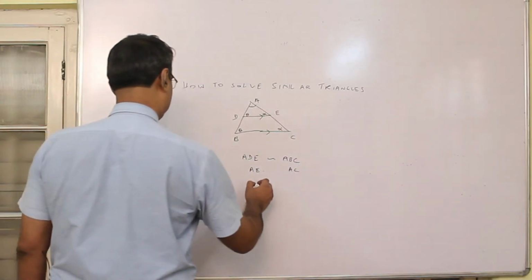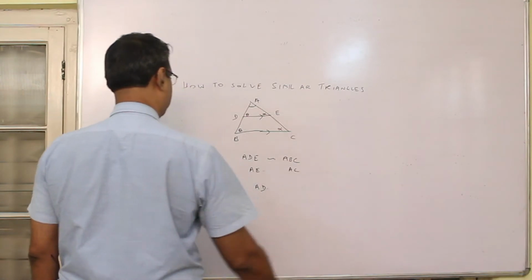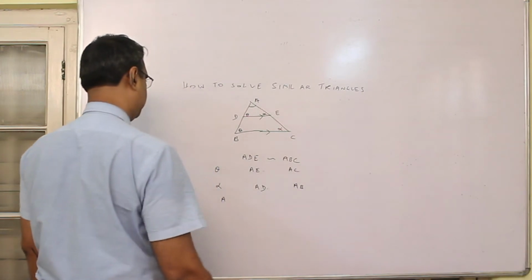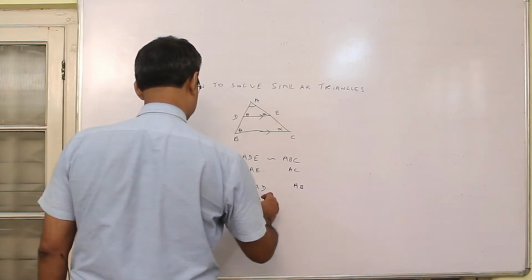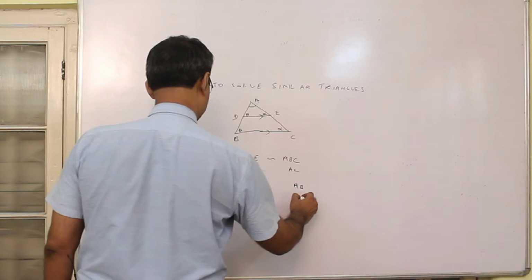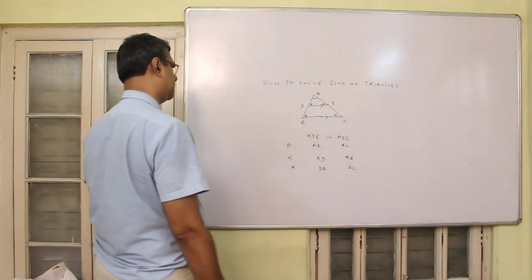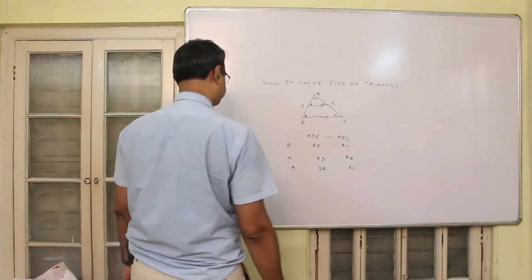In triangle ADE opposite of alpha is AD. In triangle ABC opposite of alpha is AB. In triangle ADE opposite of angle A is DE, and in triangle ABC it is BC. So this is the relation that we are getting.